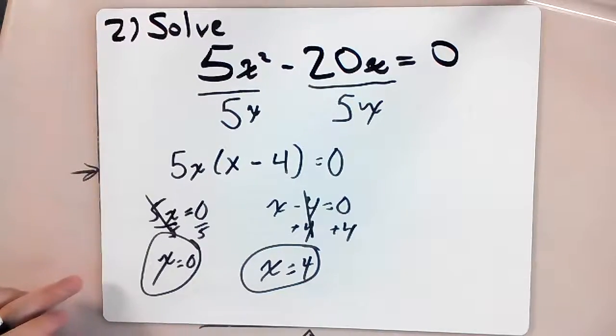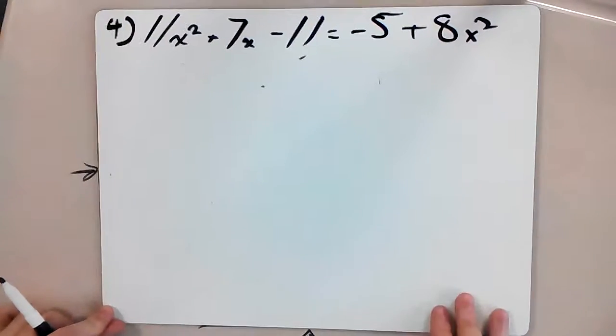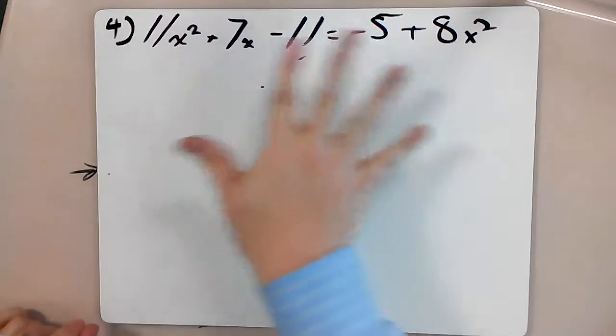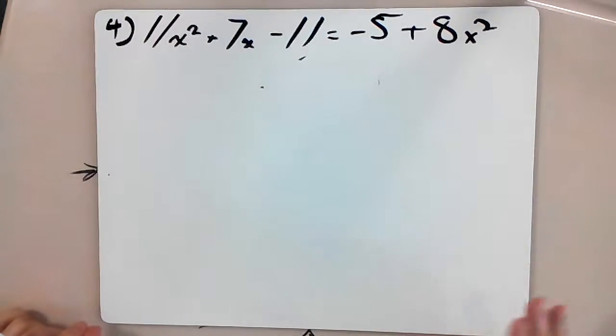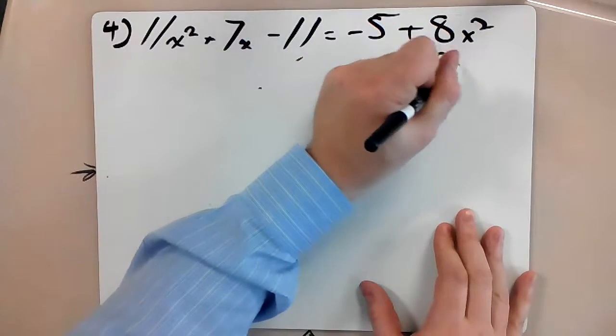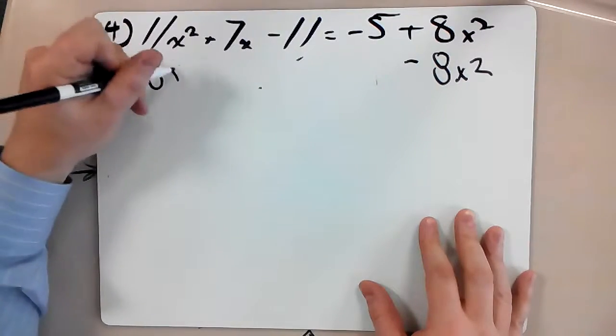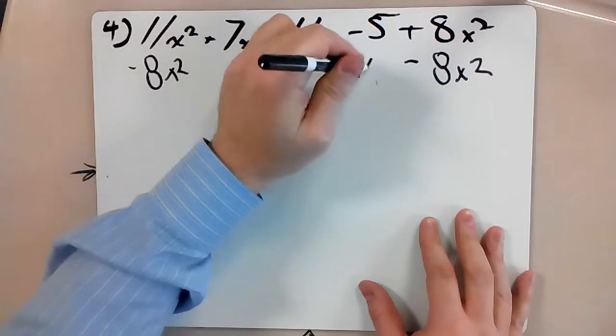Okay, next. This one here. If I'm going to factor this, I need to have this equal to 0. Whenever I have an x squared hanging around, I know that my best bet is going to be factoring. So I'm going to subtract 8x squared here, and I'm going to add 5.